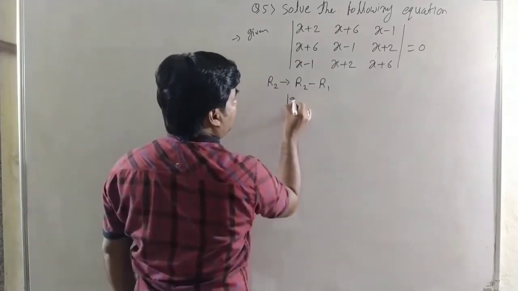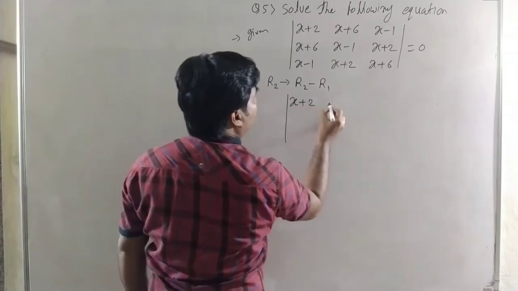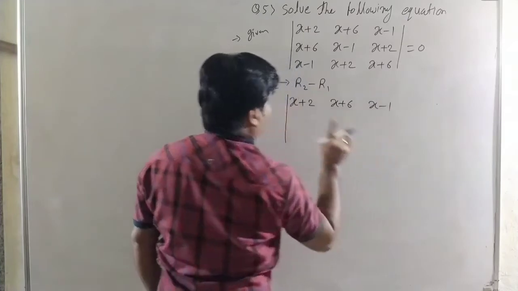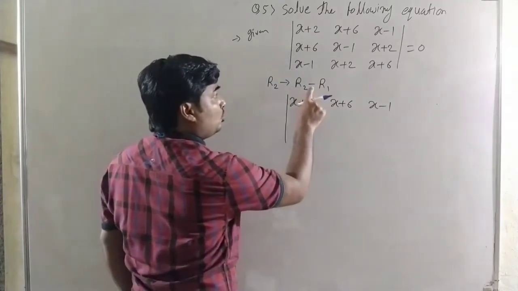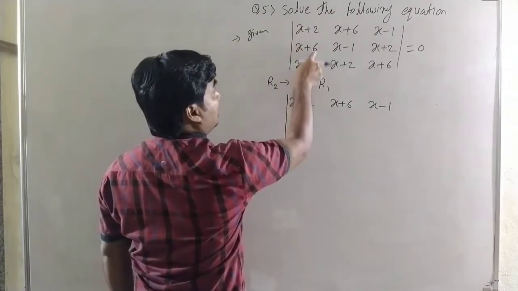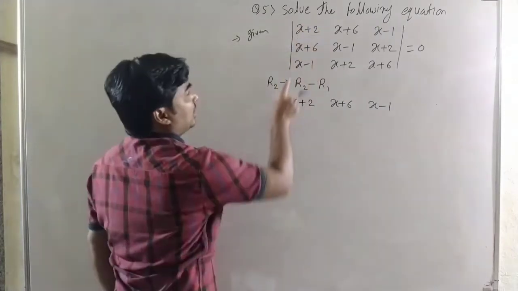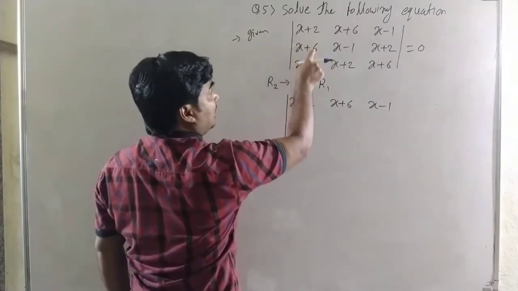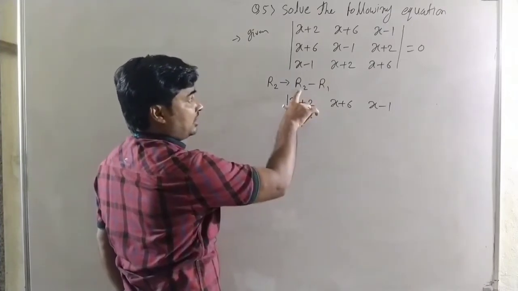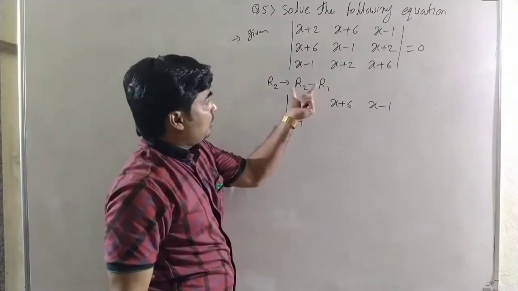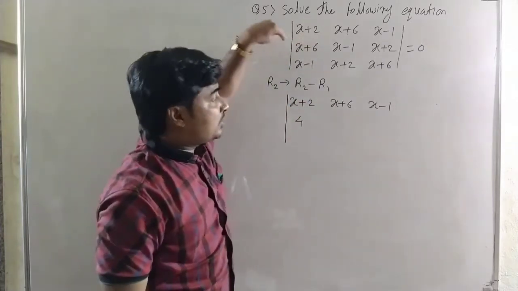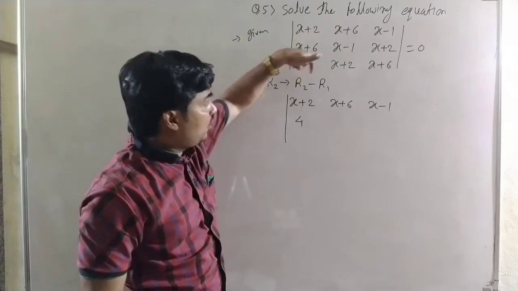Here the first row is as it is: x plus 2, x plus 6, and x minus 1. The transformation is R2 minus R1, that means row 2 minus row 1, the subtraction of the corresponding elements of row 2 and row 1.